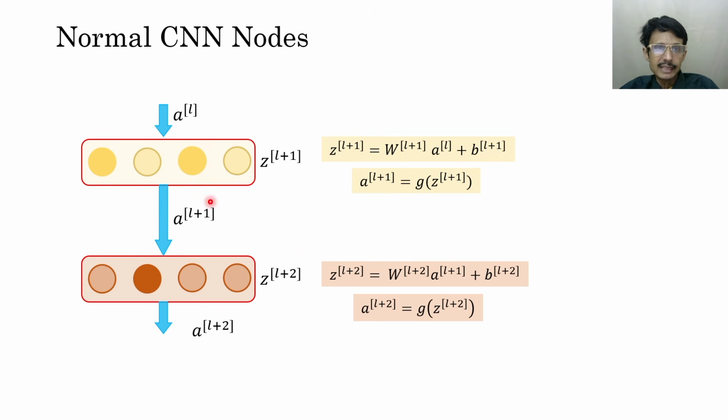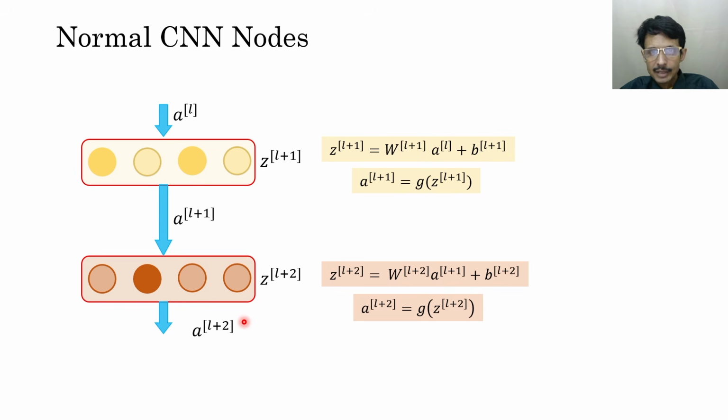Now, what we have already seen is the normal CNN node. A^L is the input. Now this is Z^(L+1). We apply the activation to get A^(L+1). And again we put this layer.